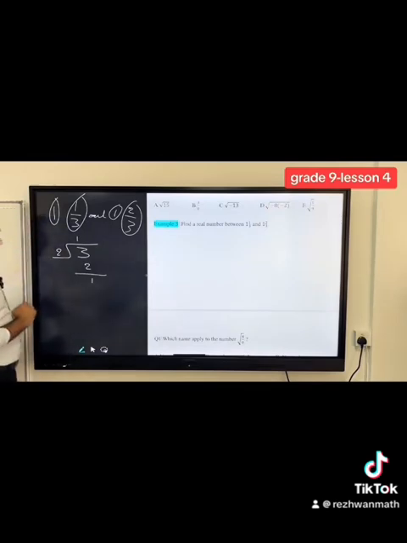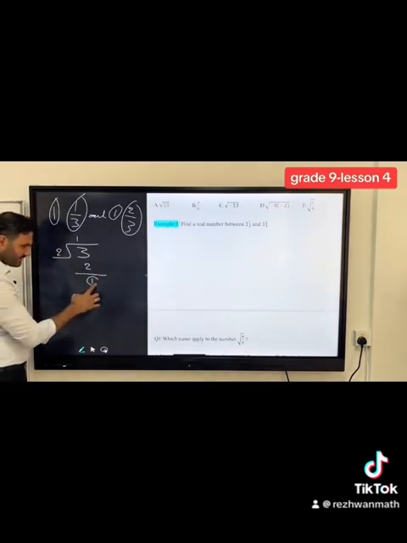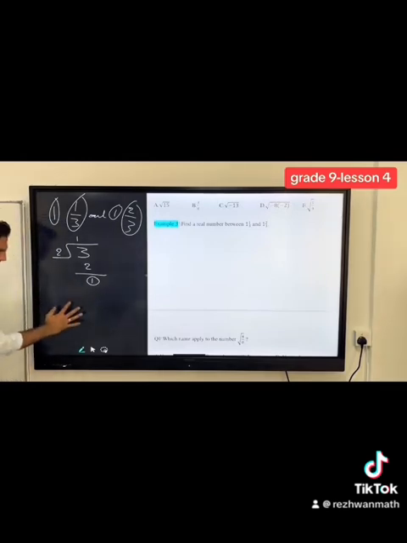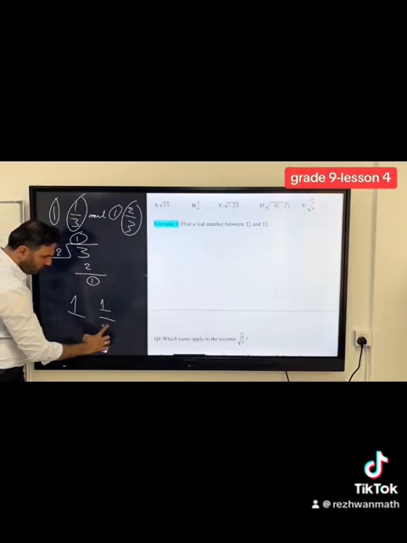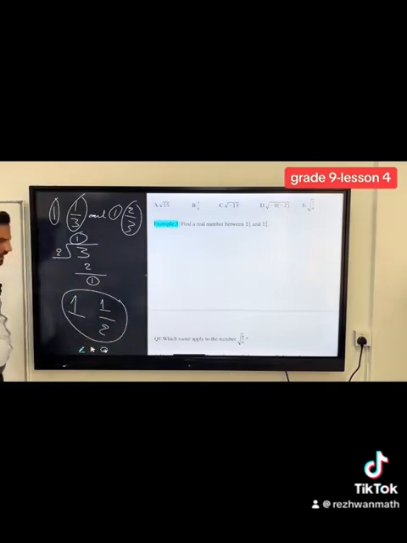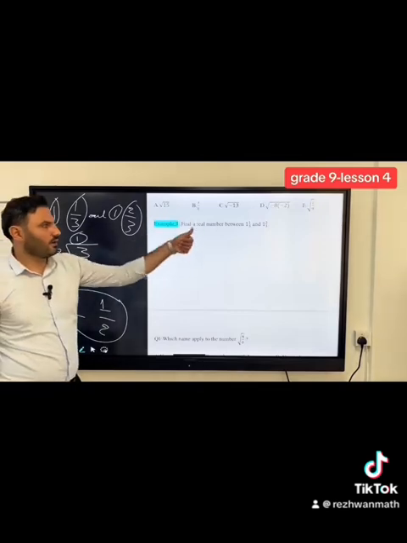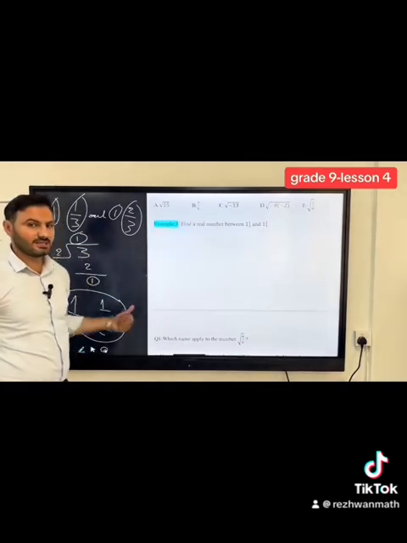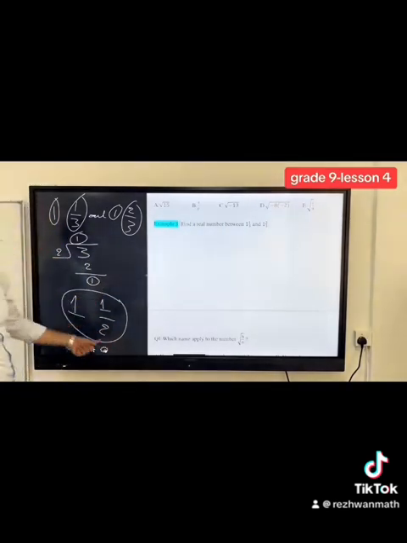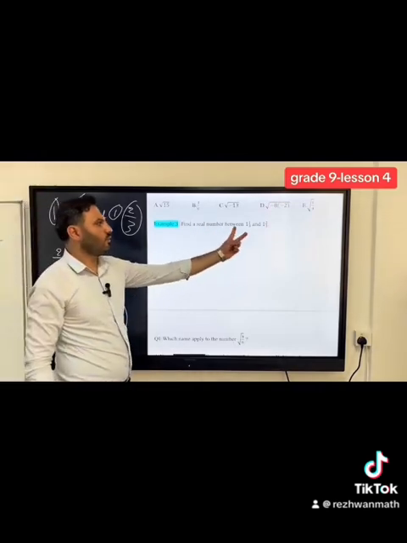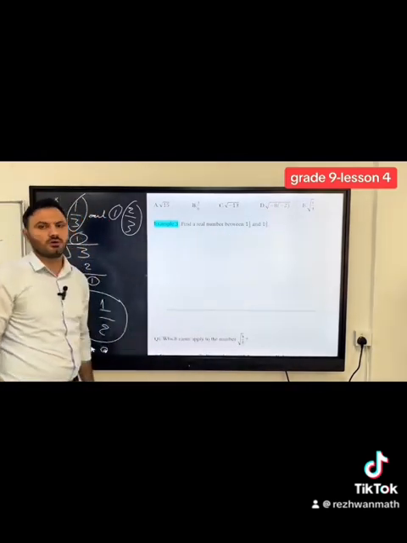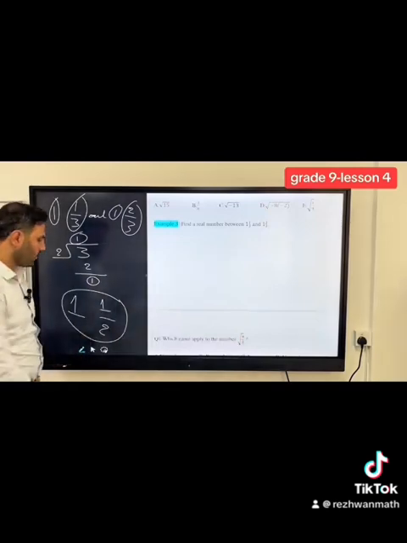Because 1 is less than 2, it's the remainder. So the right answer is 1 over 2. Now, the real number between 1 over 3 and 2 over 3 is 1 over 2. 1 over 2 is a real number between 1 over 3 and 2 over 3.